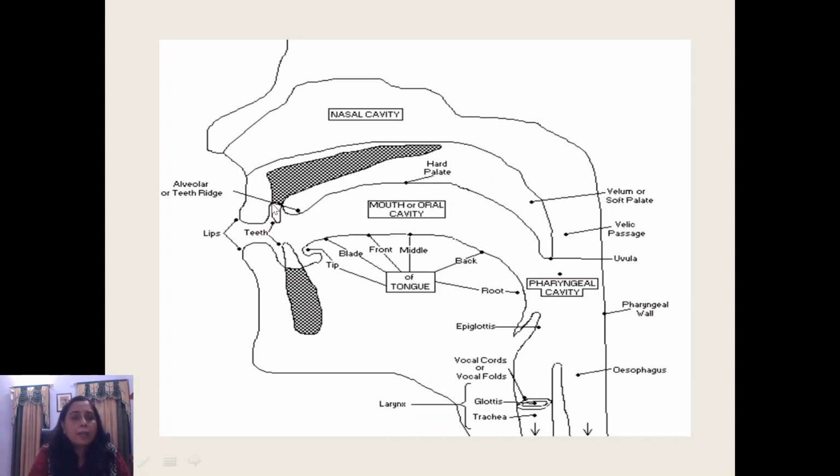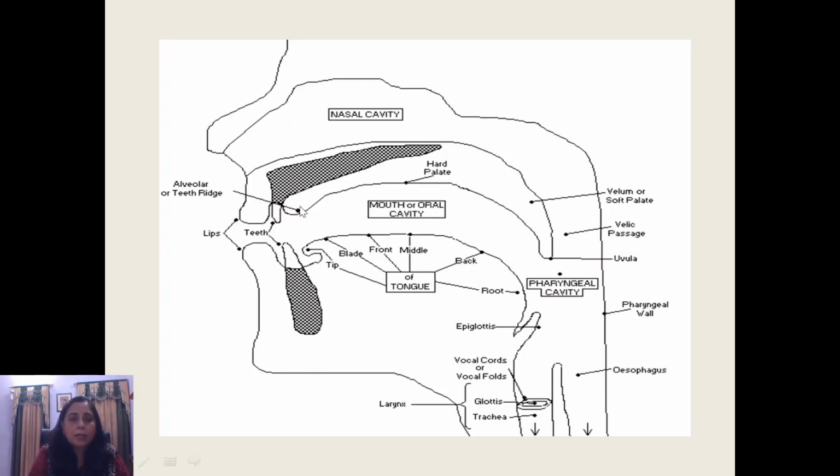In my other presentations I'll be referring to these areas again and again, so let's have a closer look at this diagram. Upper lip, lower lip. This is upper teeth, lower teeth. Just at the back of the upper teeth, this hard area that you can feel with your tongue is called the alveolar or teeth ridge.